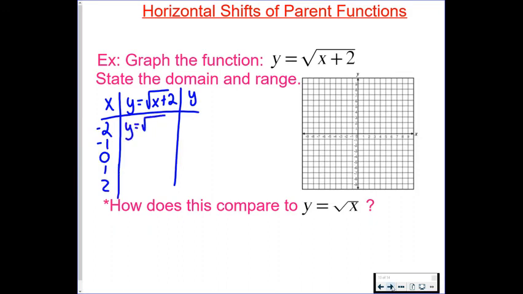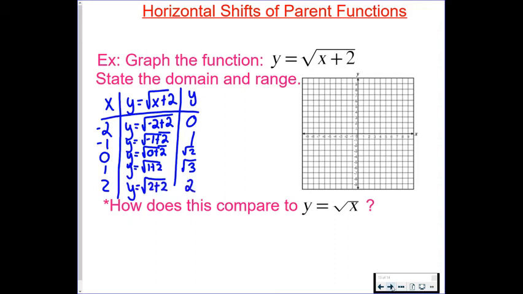The square root of -2 plus 2 is 0, which is still 0. -1 plus 2 is +1, which square root of that is 1. Square root of 0 plus 2 is root 2. Y equals the square root of 1 plus 2 is root 3. And y equals the square root of 2 plus 2 is 4, which is 2.